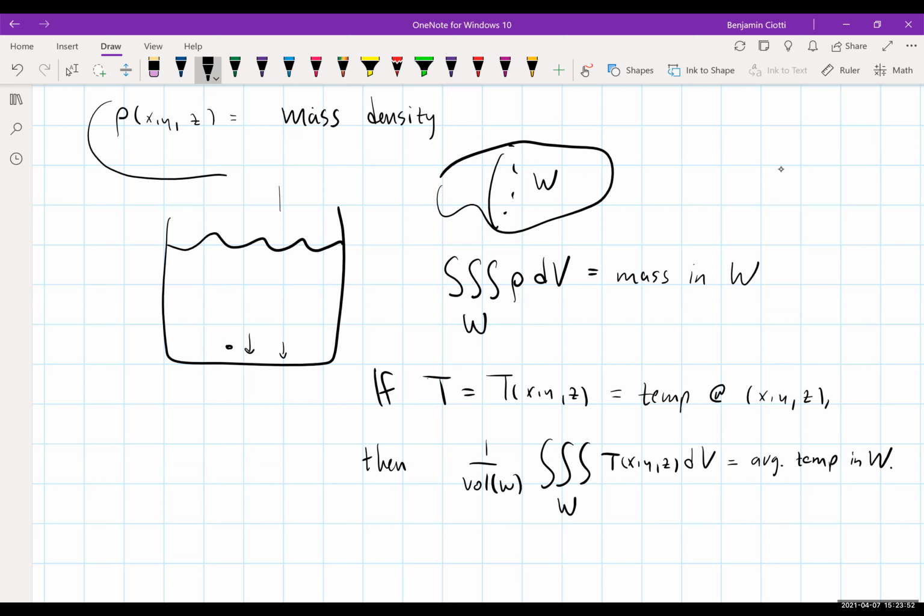If rho was, what if instead of mass, it was charge density? This is what my dissertation was all about. Then you would get the charge in a region instead of the mass. And what gets really interesting or meta, if you will, is the fact that density only makes sense if you don't think about it too hard.